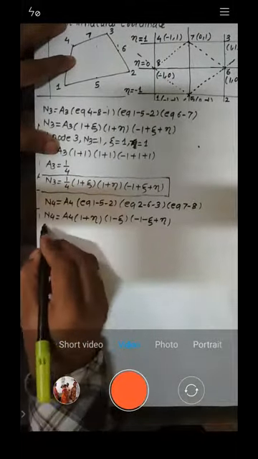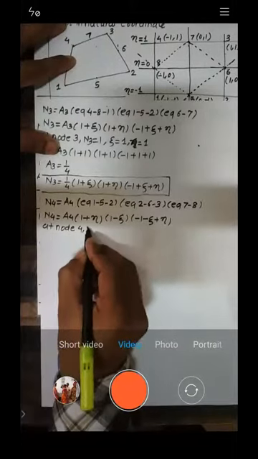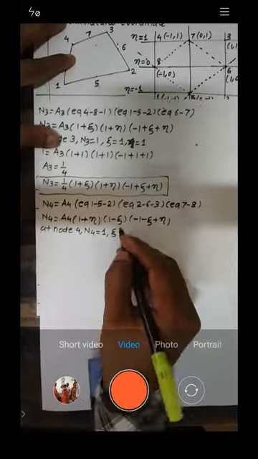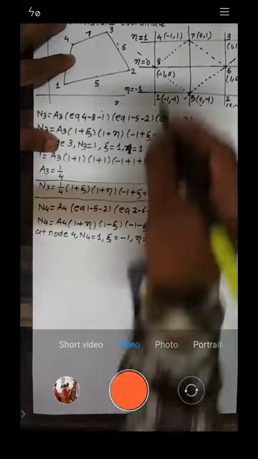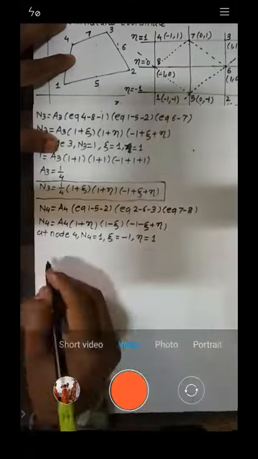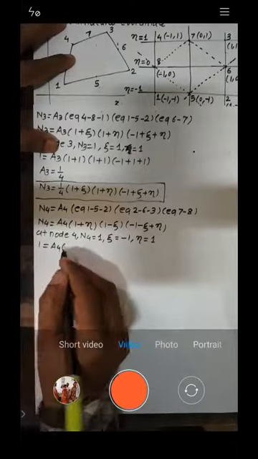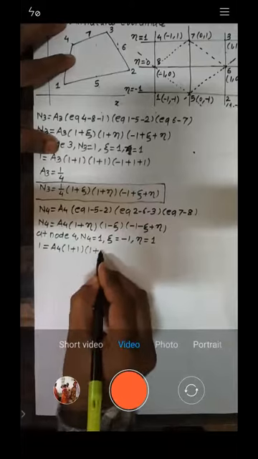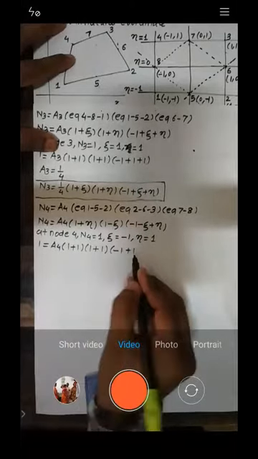So now let's put the value at node 4. N4 is equal to 1, zeta is equal to minus 1, and neta is equal to 1. So put that value: 1 is equal to A4 into 1 plus 1, 1 minus of minus 1, that is 1 plus 1, then minus 1 minus plus 1 plus 1.